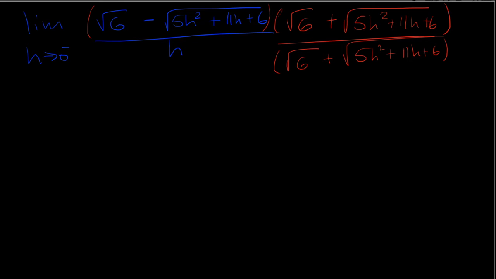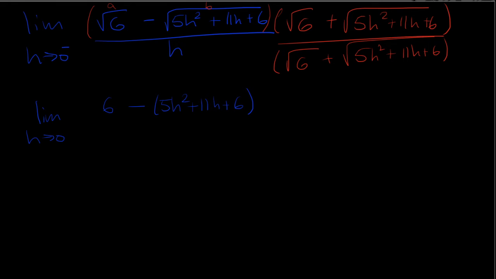At the top we have a situation where it's a difference of two squares. So in this case, root 6 will be a, and the square root of 5h squared plus 11h plus 6 is b. So we end up getting 6 minus the quantity 5h squared plus 11h plus 6.